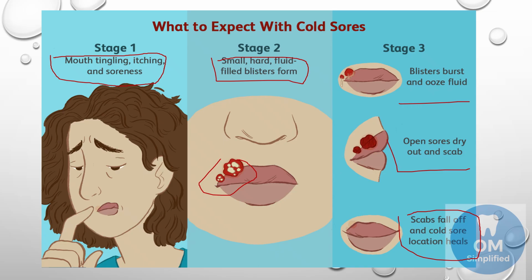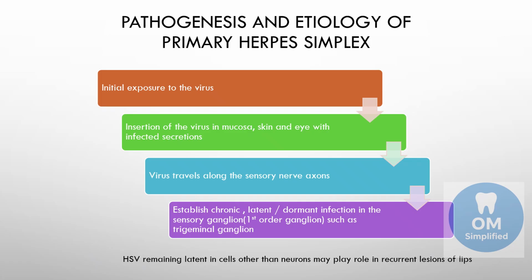heal on their own. So let us discuss the pathogenesis and etiology of the primary herpes simplex. After the initial exposure, there is insertion of the virus in the mucosa, skin, and eyes with the infected secretions.